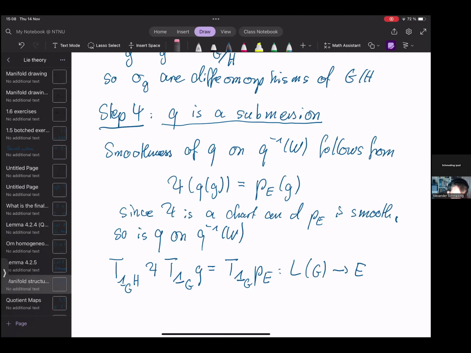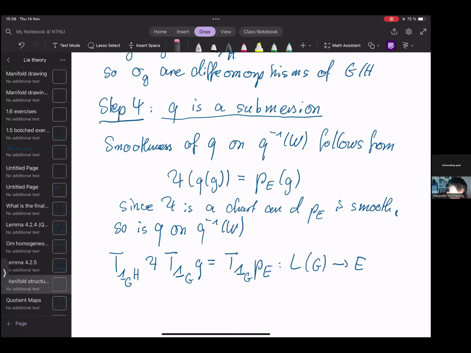But this is by construction. If you're looking at what the PE is doing, from the formula of PE, it becomes clear. And I ask you to review this. So go back to the first step where we constructed this map PE and take a look at how it was constructed.